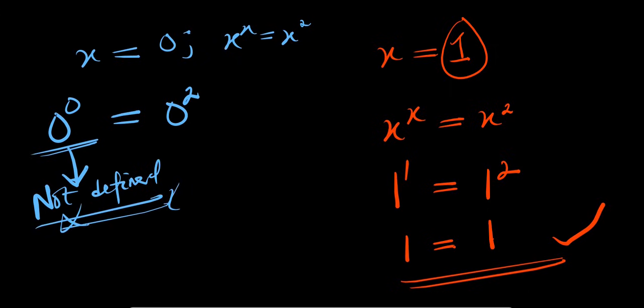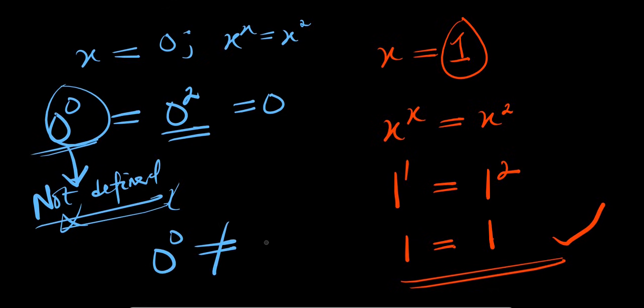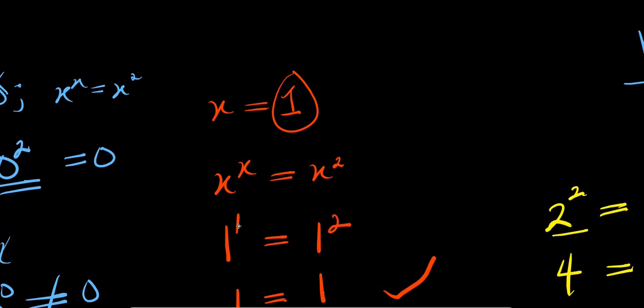And 0 power 2 is obviously 0. 0 power 0 is not the same as 0. So this makes this particular solution not correct. In fact, it's not actually a solution. So don't even go there.